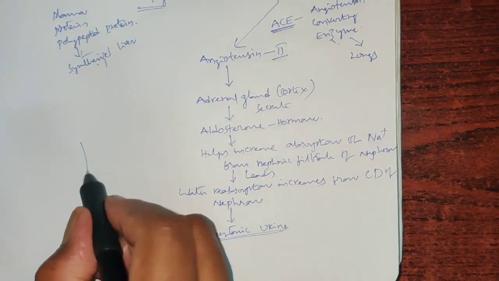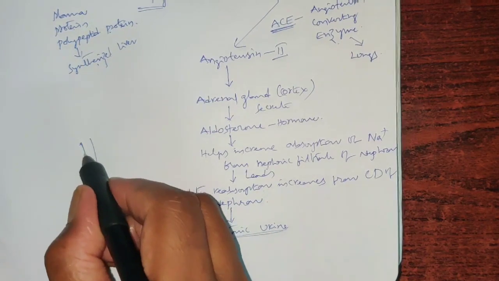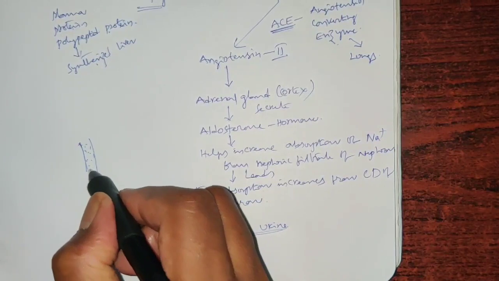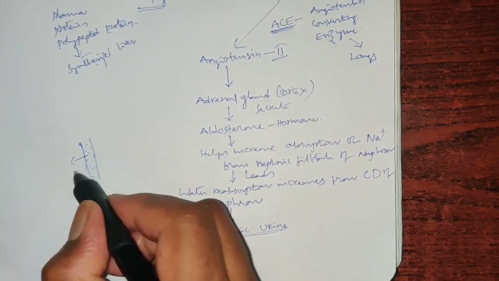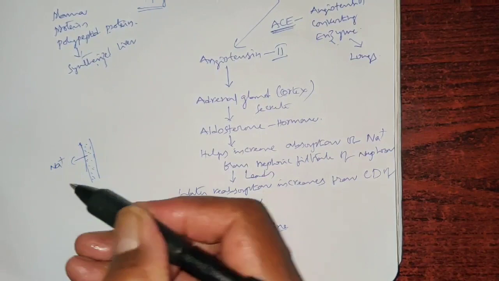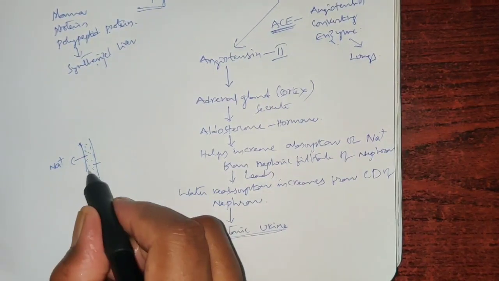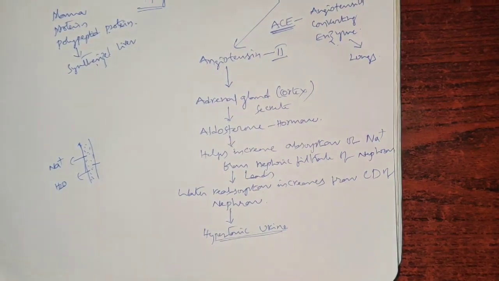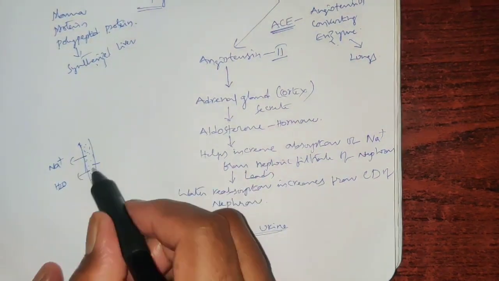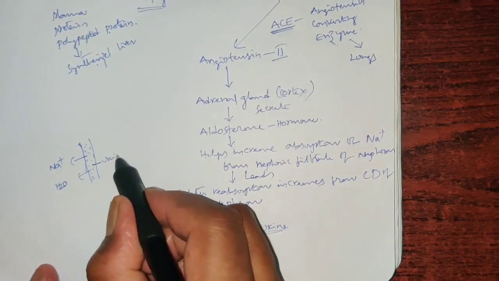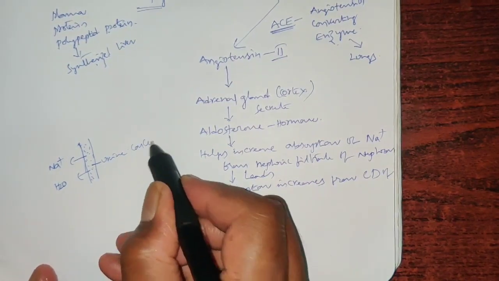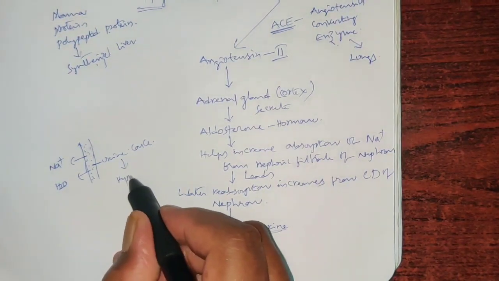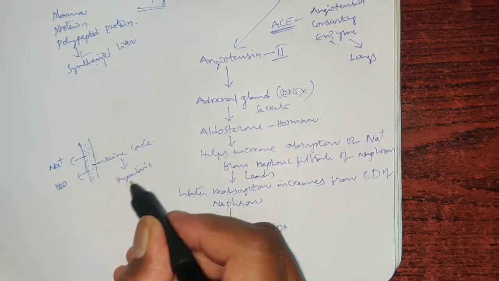This is our nephron. This part is where the reabsorption of sodium ions and water happens. As a result, what happened? This urine becomes concentrated, that means it becomes hypertonic.